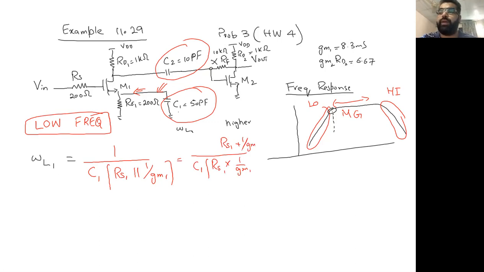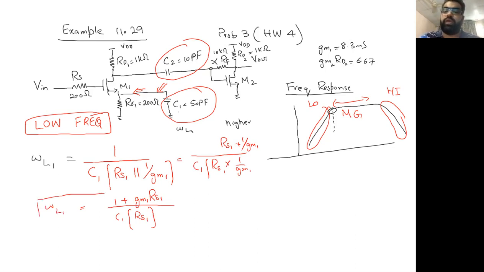I just open the parallel thing. So this would result into 1 plus GM1 RS1 divided by C1 times RS1. And if you see, the GM1 will be cancelled out with GM1. So this is your omega L1.